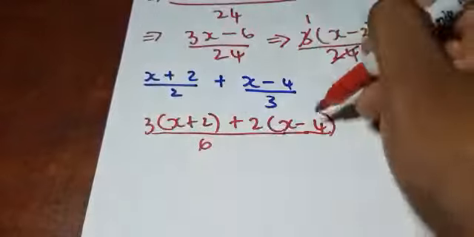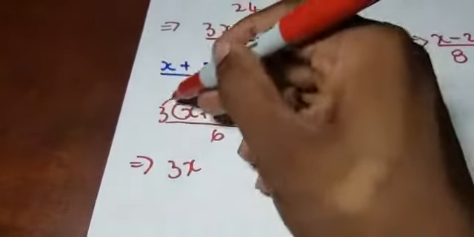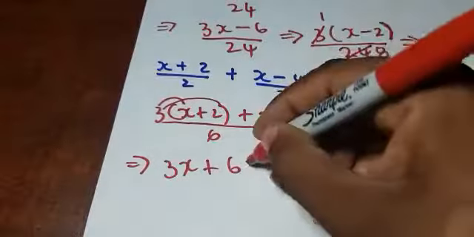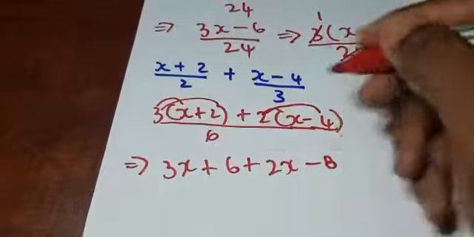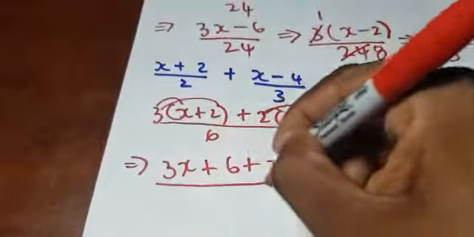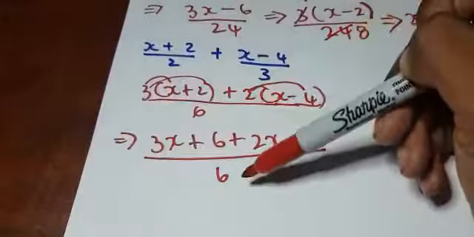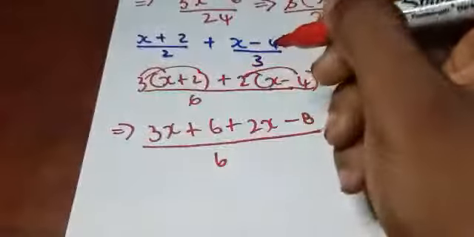As before, we know how to remove the brackets here. 3 times x, 3x, 3 times 2, 6, 2 times x, 2x, 2 times minus 4, minus 8. And all of this should be over 6. Don't forget to write the LCM in the denominator.